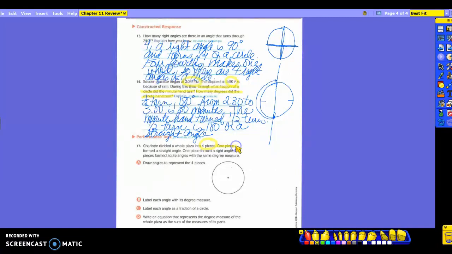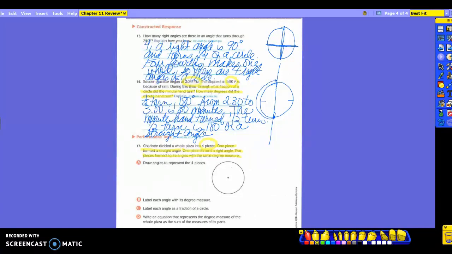Let's go ahead and highlight it. 1 piece formed a straight angle. What's the next one say? 1 piece formed a right angle. 2 pieces formed acute angles with the same degree measure. So those 2 have to be the same. Okay? Now, it says to draw angles to represent 4 pieces.